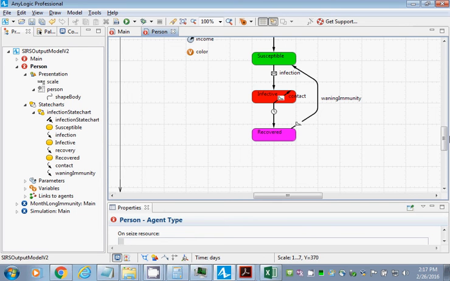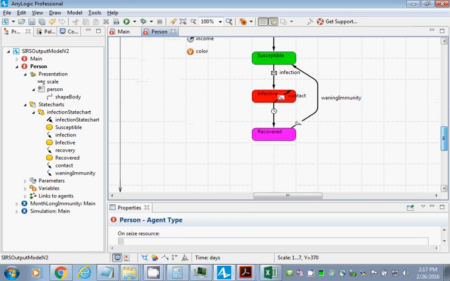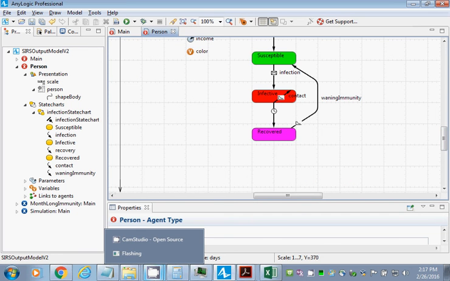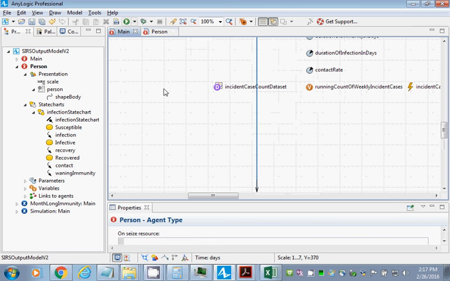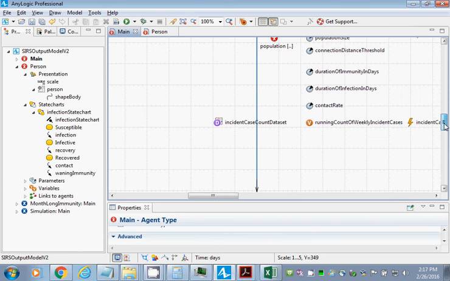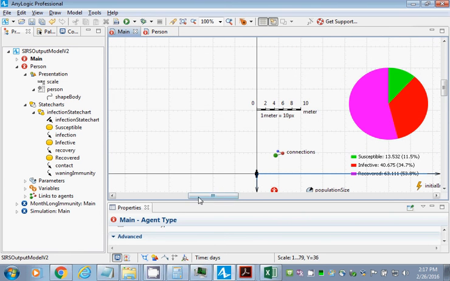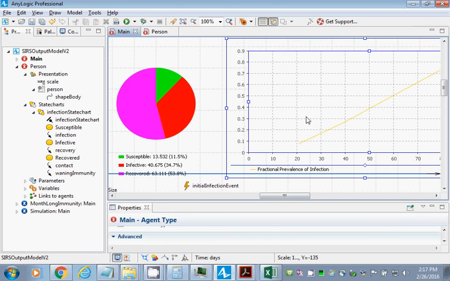So the first thing I want to do, and this is to build some understanding, is I would like to show this graph of prevalence of infection. I would like to show a different graph for each of a low-income and a high-income population.